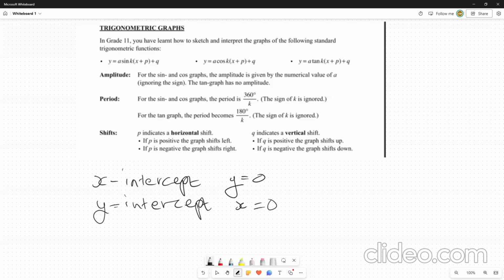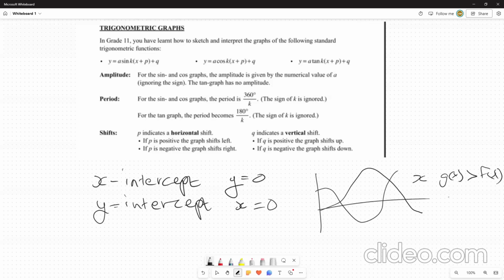They will also ask you things like, maybe they gave you two graphs, one on top of the other. They can ask you for which x value is your g of x greater than your f of x, right? For which value is your f of x multiplied by your g of x less than 0.